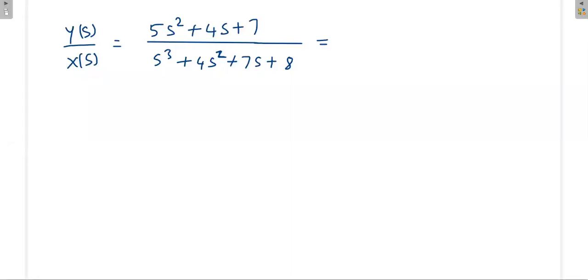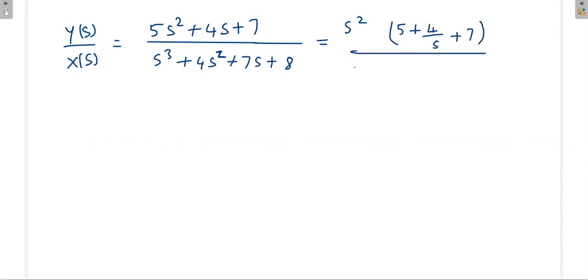Okay, so now the numerator has degree order 2, but the denominator has order 3. So take s square from here, we'll be getting 5 plus 4 by s plus 7.